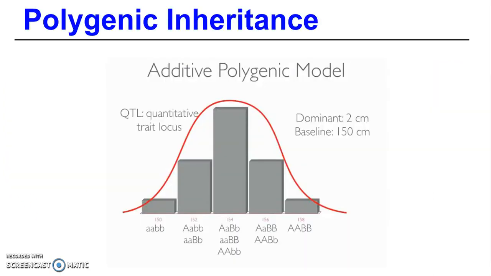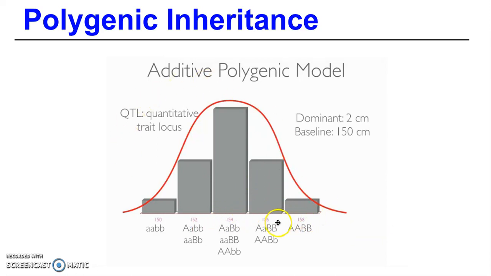That's called the additive effect. This is a general diagram of what the additive effect looks like, and the dominant allele in this particular figure is showing you that the capital letters are going to push you to the right of whatever this diagram is showing you.